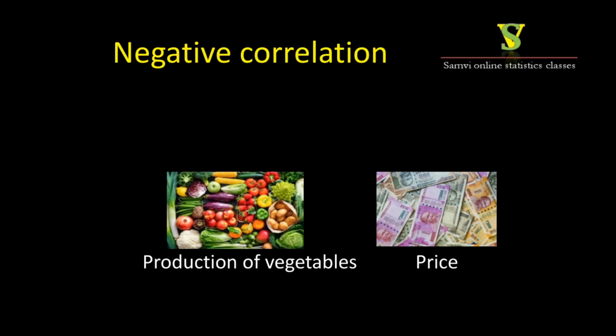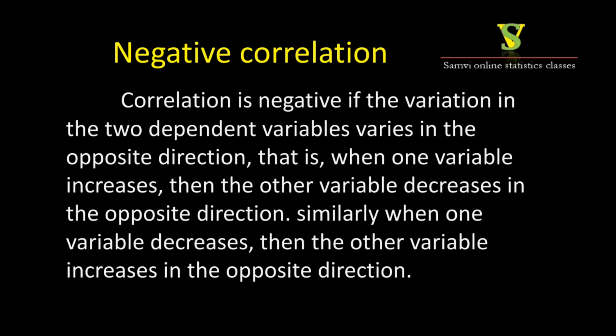Getting it? So it is defined like this. Correlation is negative if the variations in the two dependent variables vary in the opposite direction. That is, when one variable increases, the other variable decreases. Similarly, when one variable decreases, the other variable increases.